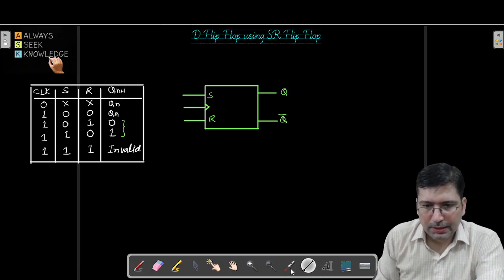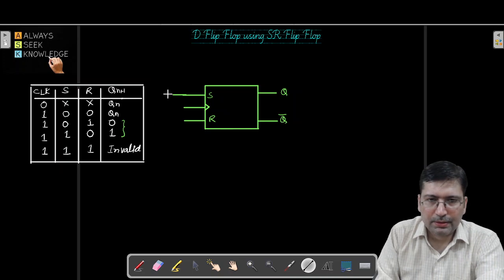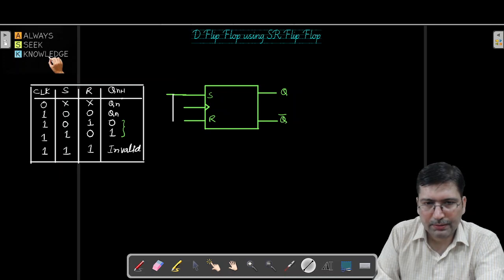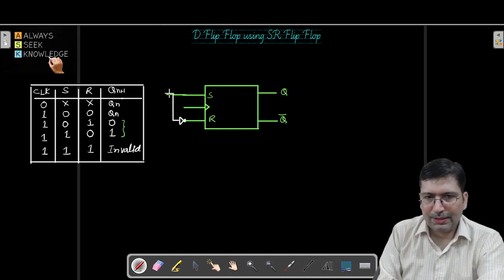So what we can do in that case is join these pins with the help of a NOT gate, like this. So there is a NOT gate, and with the help of this NOT gate, I have joined this pin.